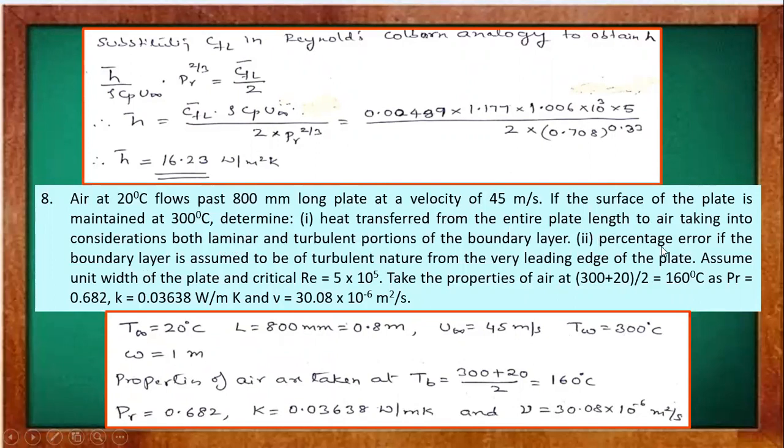And in the next case, find the percentage error if the boundary layer is assumed to be turbulent from the leading edge. You have two cases. Assume unit width and critical Reynolds number, and the properties of the air are already given for the bulk temperature. So obtain the properties.